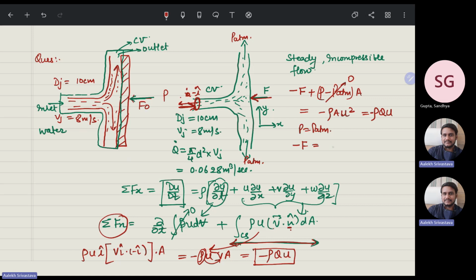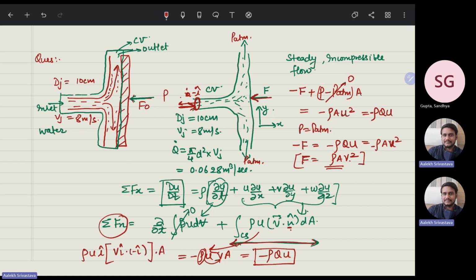So minus F is equal to minus rho Q u, or rho A V square in the negative direction. So this is the force that is acting. Force on the control volume is rho A V square. You know A and V, and if you assume water density is 1000, you can calculate the force.